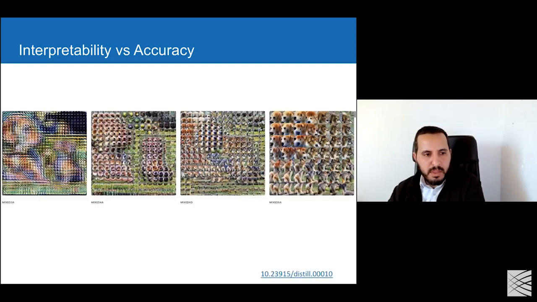So for example, in image classification problems, it is thought that the deep neural network is learning increasing levels of features. Probably the first layers will learn something like edges. The intermediate layers will learn something like parts of the input image, and maybe the last layers will learn some higher level features of the input.